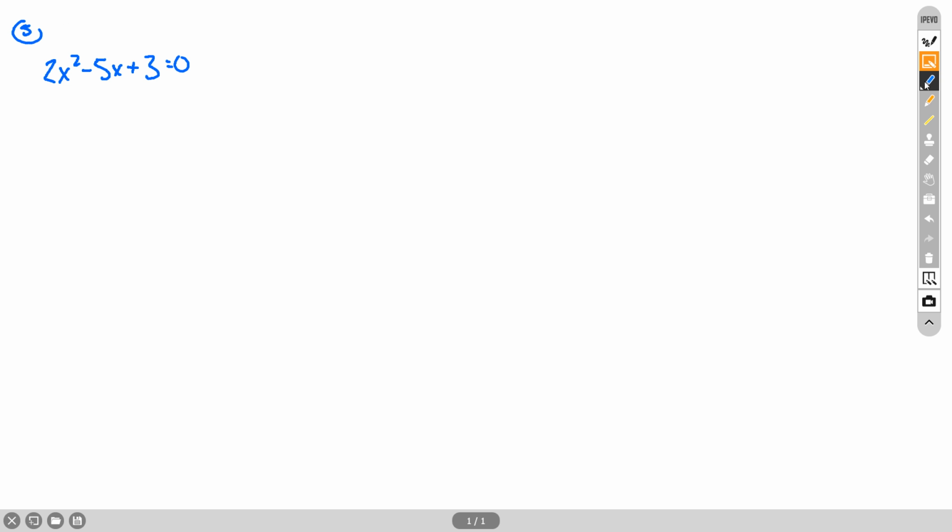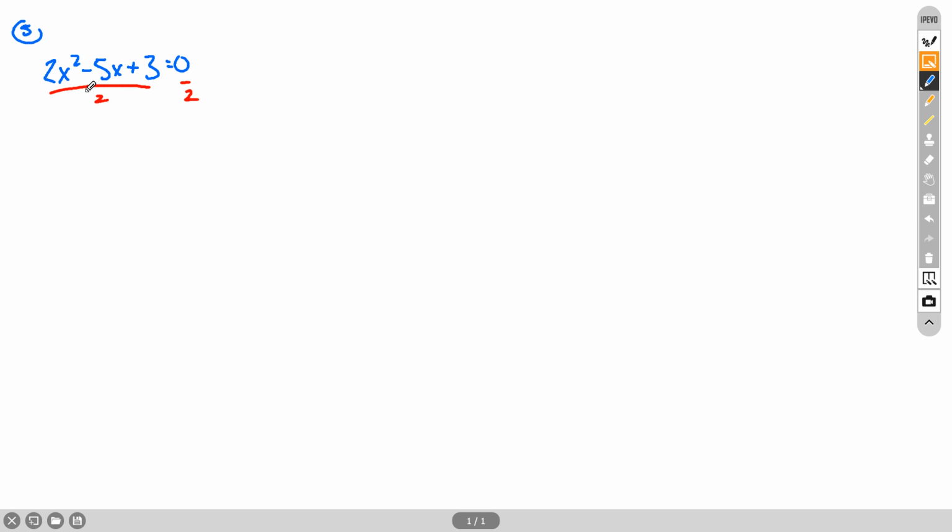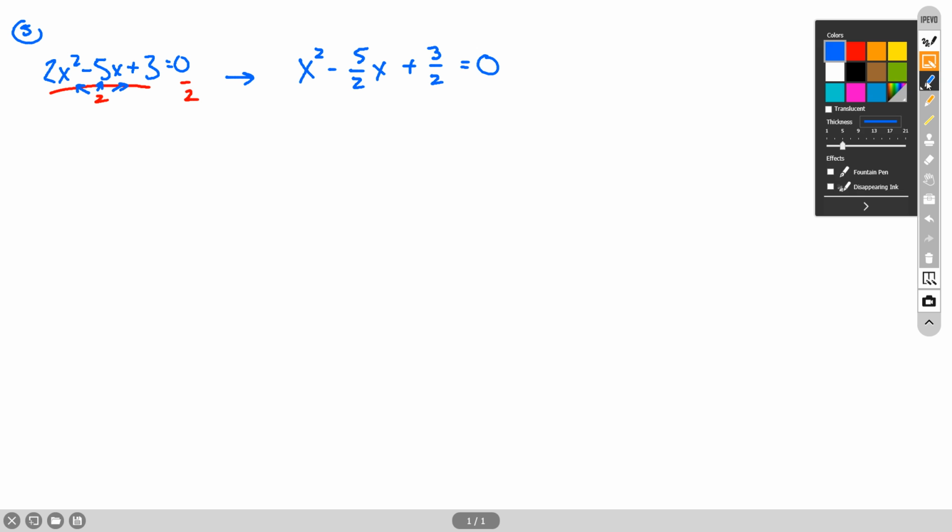Alright, we've got to get rid of that 2 because the a value has to be 1 to complete the square. So we'll divide the left side by 2 and the right side by 2. Remember, the division can get distributed. So I'm going to have x squared minus 5 over 2x plus 3 over 2 equals 0.